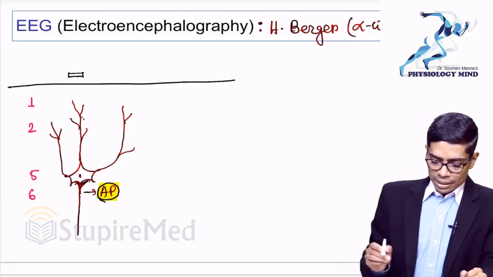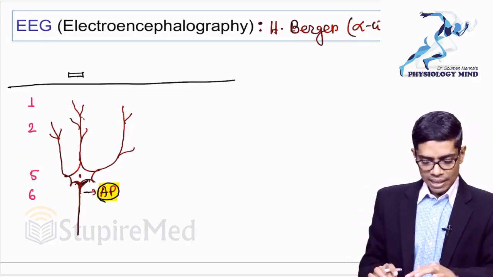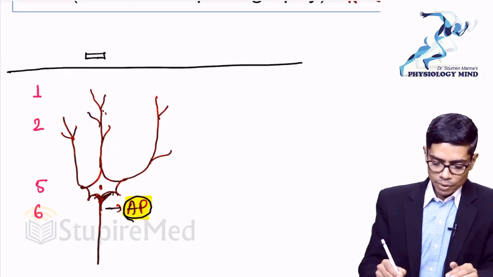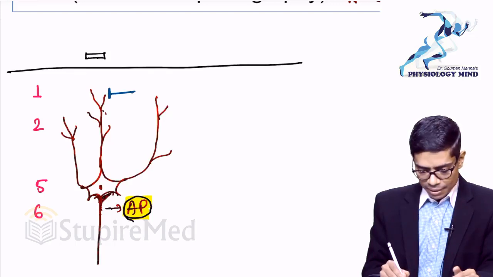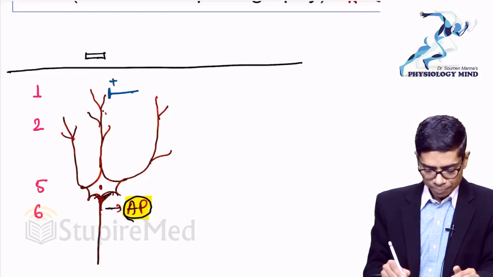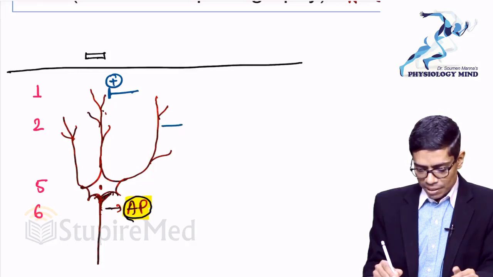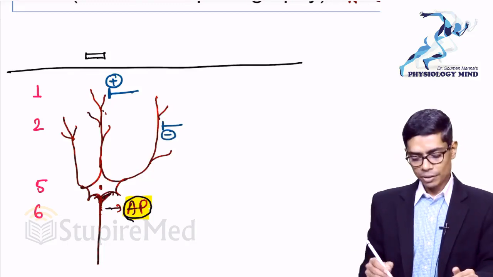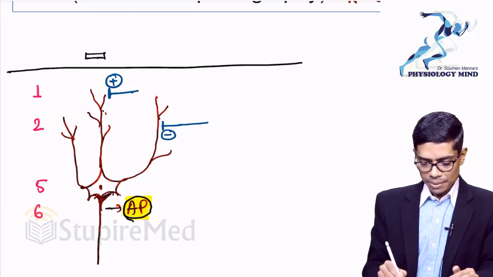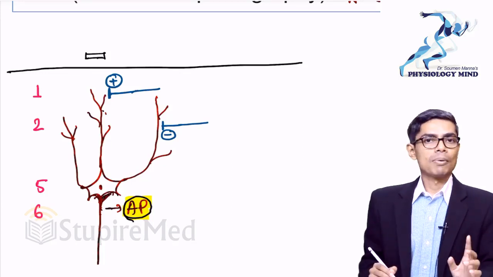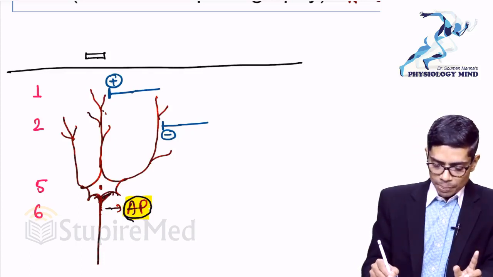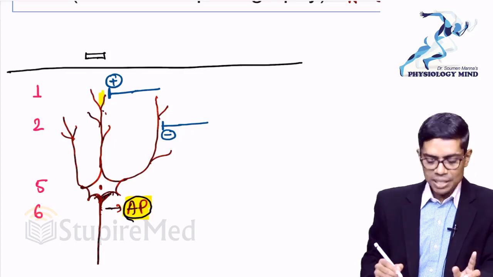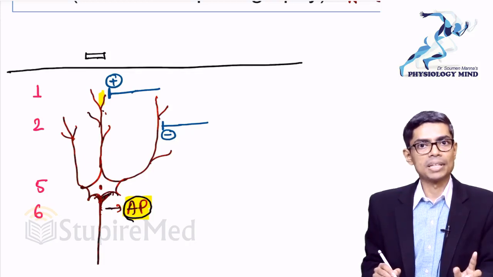We know these dendrites are the site where multiple synapse formation occurs. Suppose this is an excitatory synapse, and there will obviously be inhibitory synapses also. Whenever an excitatory synapse is stimulated, there will be potential generation at the level of these dendrites, or the postsynaptic neuron, we can say.